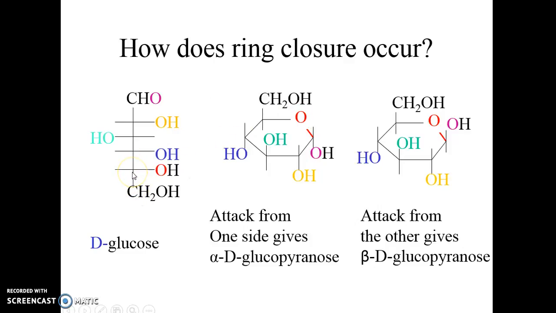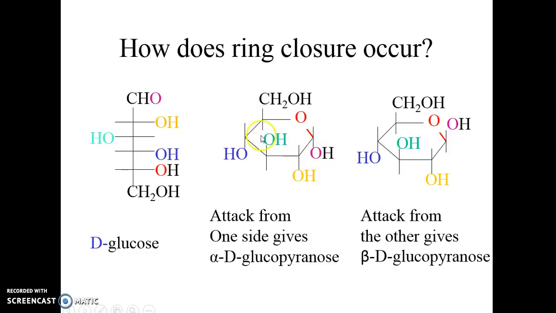All of the D sugars have this hydroxyl on the right, and when it forms a ring, it's always going to be the D alcohol that forms the ring, that puts this methyl hydroxy up. So you can recognize a D sugar by seeing this methyl hydroxy up in the air in the Haworth projection.